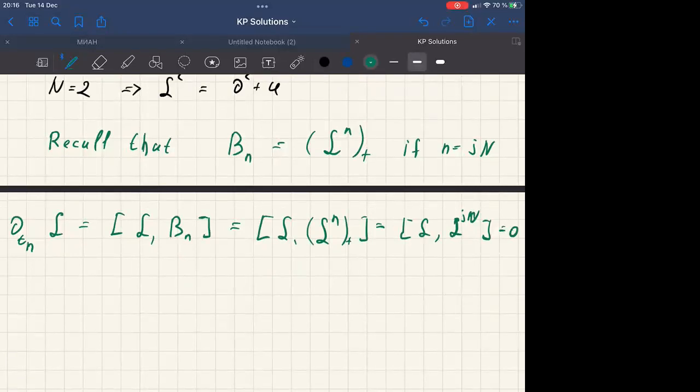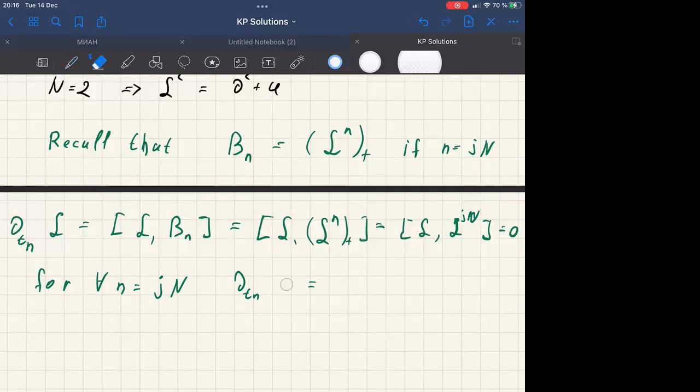So for every n equals some g times n, d_tn of L just equals to 0.